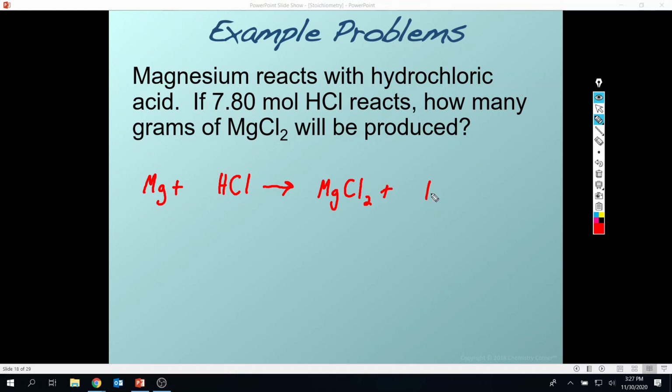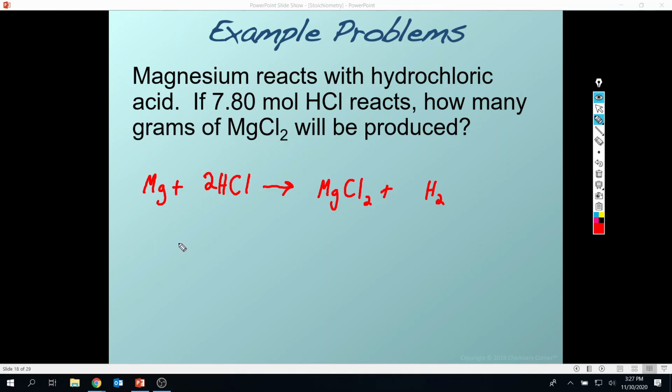And hydrogen gas, which you remember is diatomic, and so it goes in pairs. All right, now take a moment and balance. Magnesium to magnesium, hydrogen to, whoops. Oh, all right, well, that was easy.